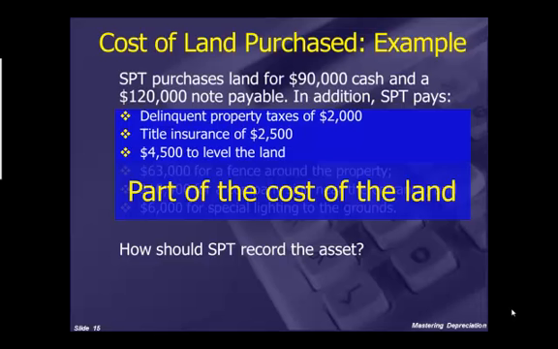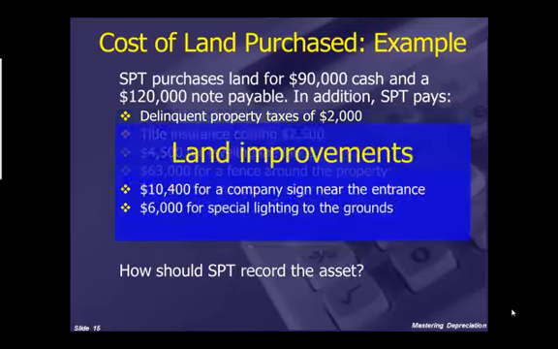Those are the taxes in arrears of $2,000, the title insurance of $2,500, and the cost of leveling, grading, $4,500. So we need to add all of those together. They add up to $9,000. We also have the land improvements, the signage and the lighting. So we have a total of $16,400.